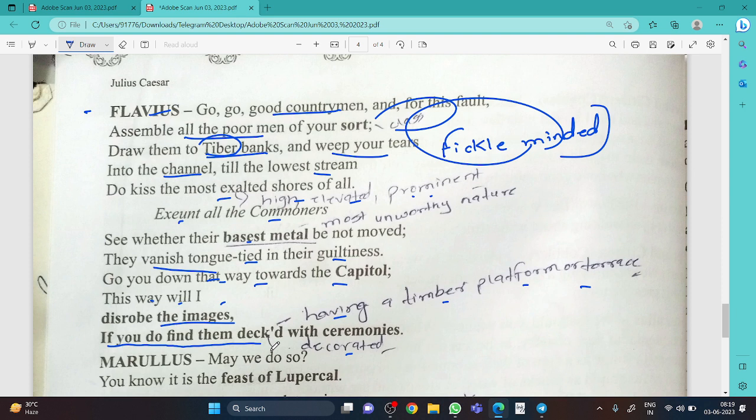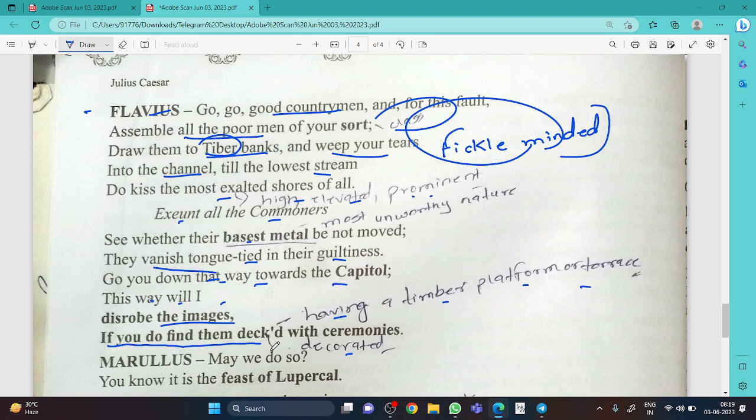Everywhere there were hoardings and posters of Julius Caesar, just like a champion. But this was what Flavius and Marullus did not want. Now they are discussing that wherever they find the hoardings or the posters of Julius Caesar as a champion, those hoardings should be removed.